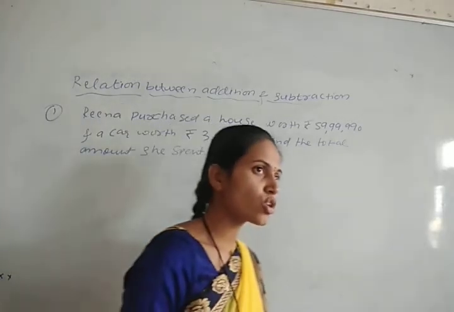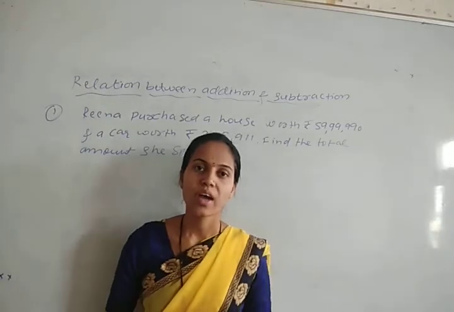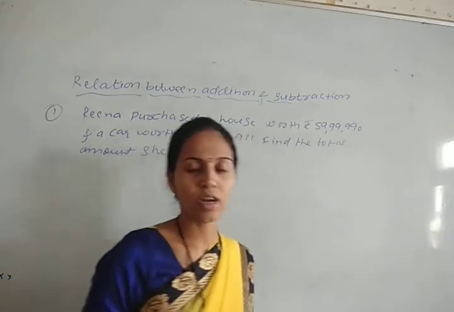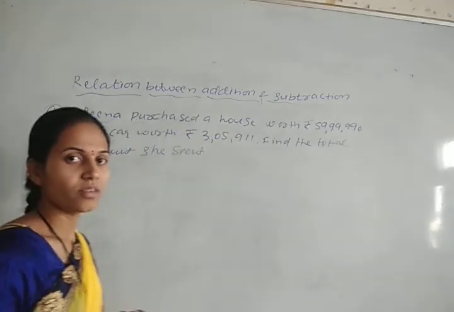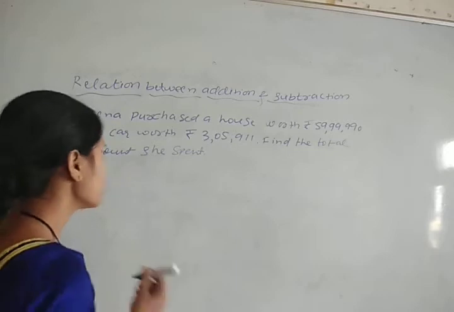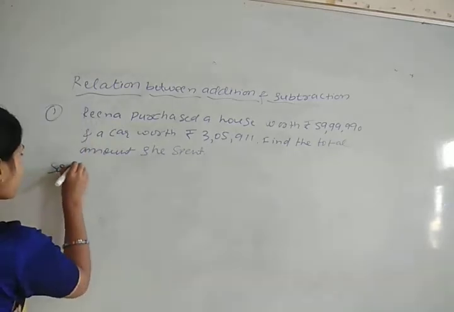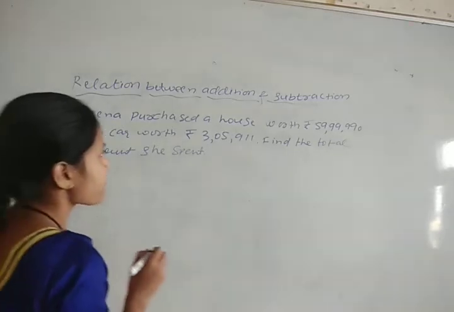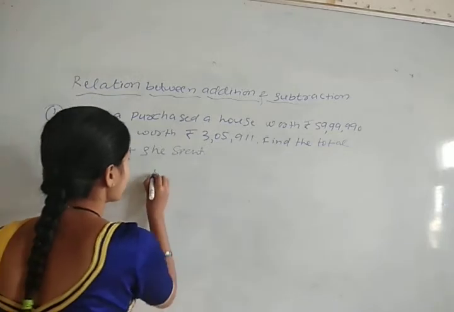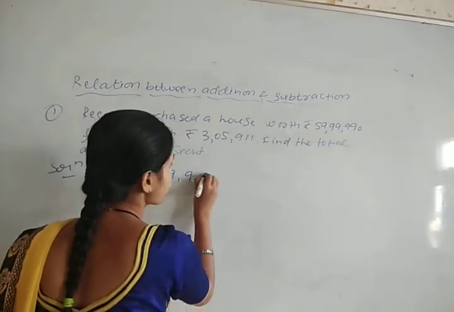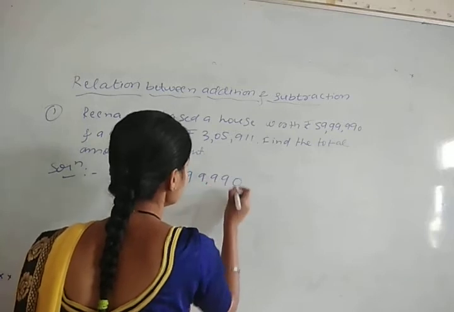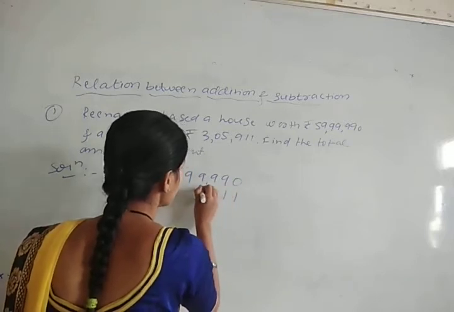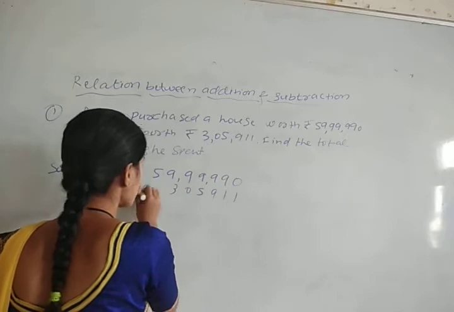So we need to add the price of the house and the price of the car. Then only you will get the total amount she spent. Now I will add these two.